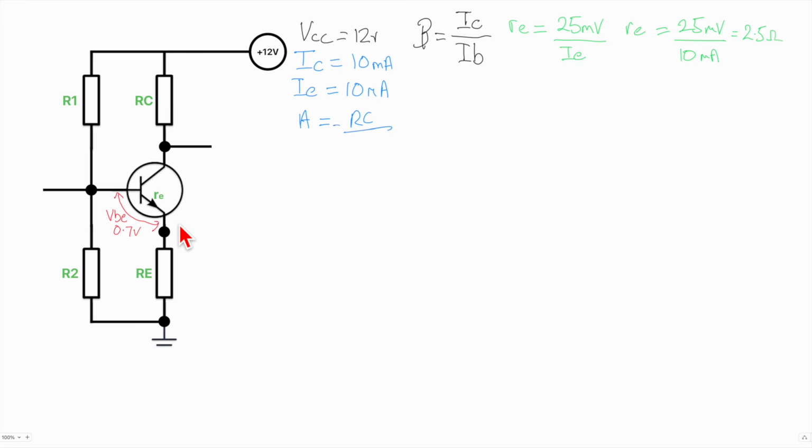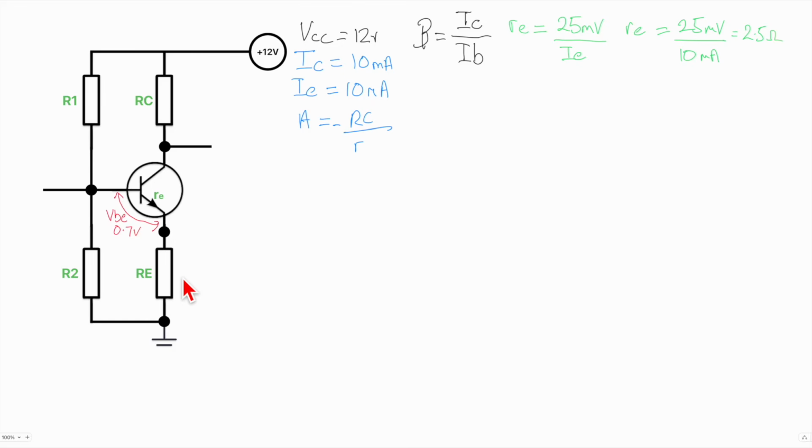Now, if it was only little RE, that's a very small amount, so we would have a very, very generous gain. But as we said, that's not so good, and it's more helpful for the stability of the amplifier to have more resistance here.